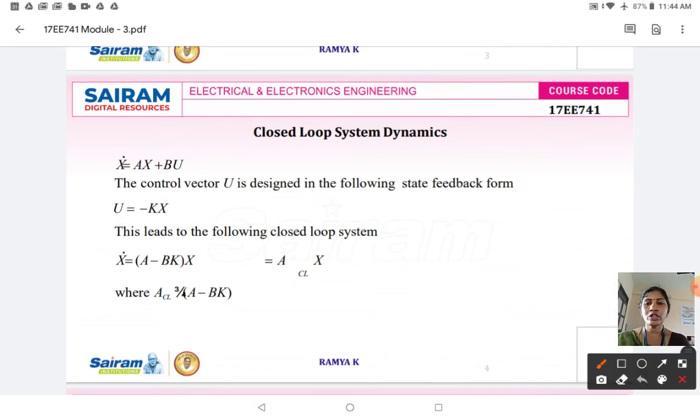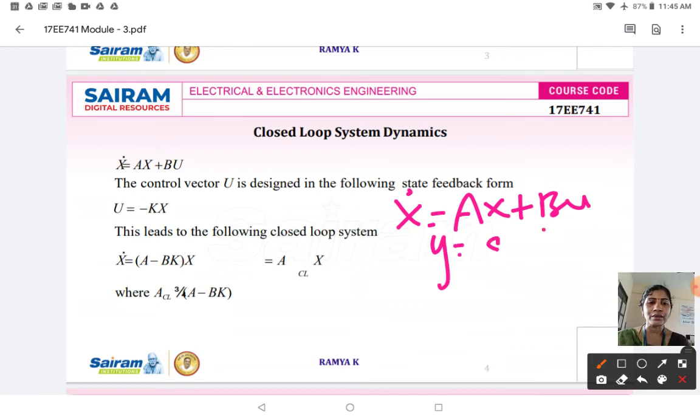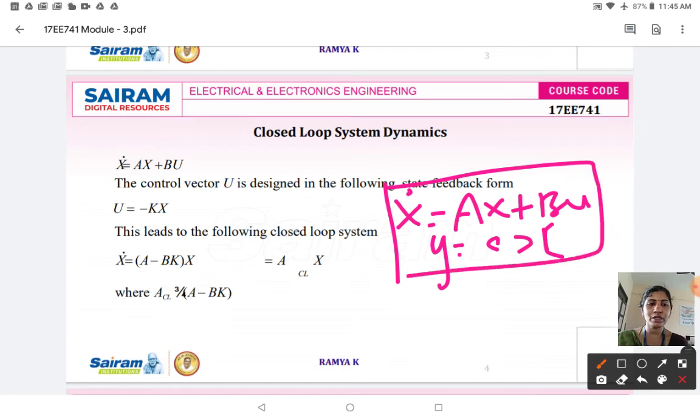It is your closed loop dynamics as I discussed earlier. You can simply write your state equation as x dot is equal to Ax plus Bu, y is equal to Cx. If you draw the state diagram for this state equation and output equation, one integrator will come, its input will be x dot, and its output will be x.